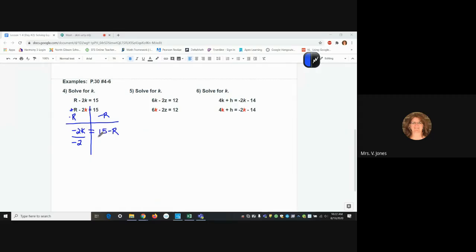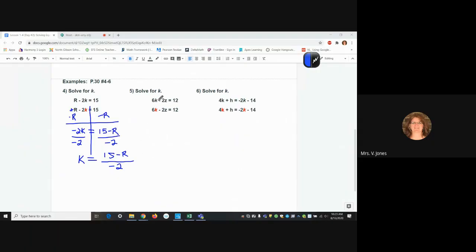So when we come over here to divide by negative 2, keep in mind, if you're going to multiply or divide on both sides of the equation, you're multiplying or dividing the entire side of the equation. So you divide all of that by negative 2. So the negative 2's go away, and we have k equals 15 minus r all over negative 2. So that's going to be your answer, and there's no check on this.